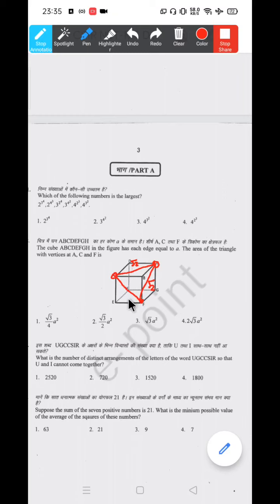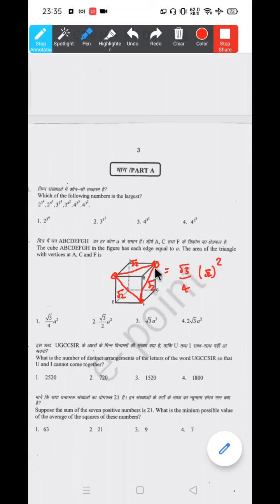Yes, this will also be root 2. So that is actually an equilateral triangle. An equilateral triangle has area root 3 by 4 side square. What is the side here? Root 2. Root 2 squared will be 2. So root 3 by 2 will be the answer.